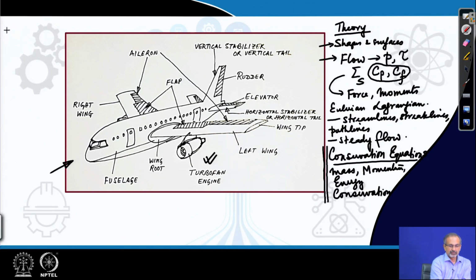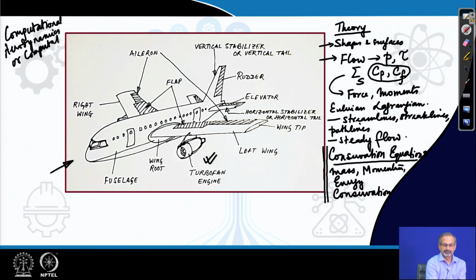So, that is what we call computational aerodynamics or computational fluid dynamics, often abbreviated as CFD.